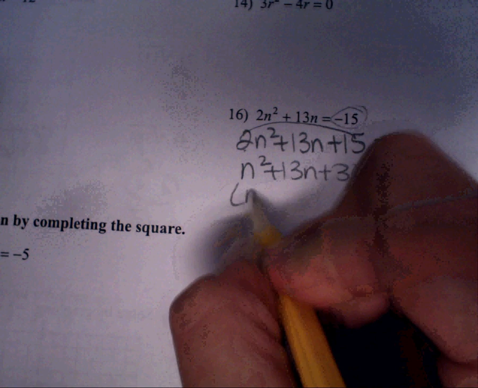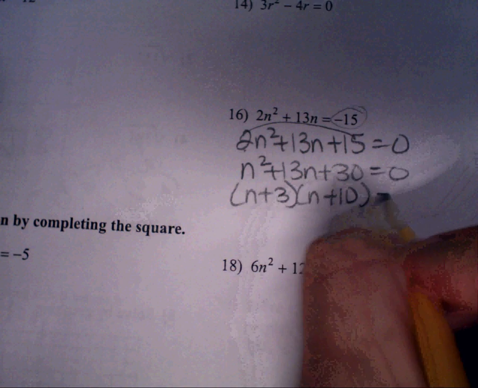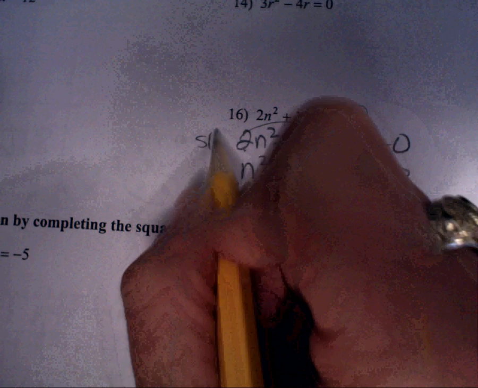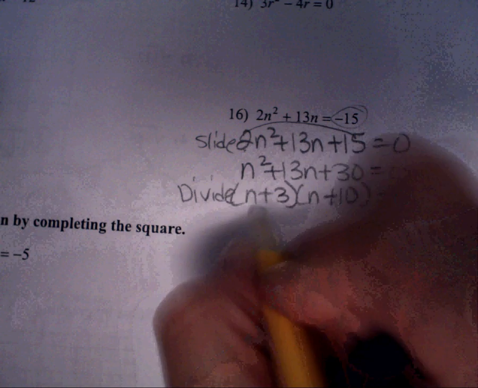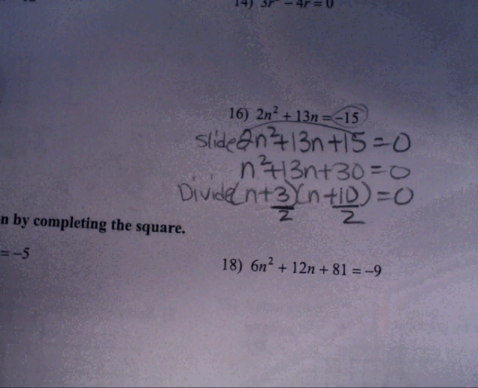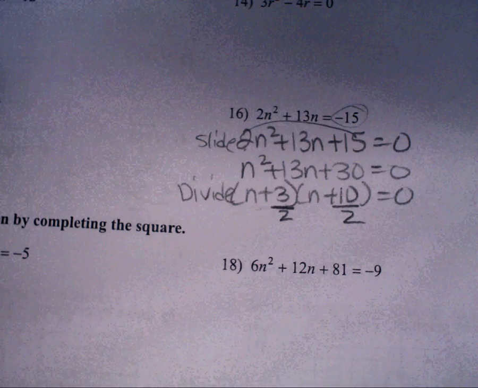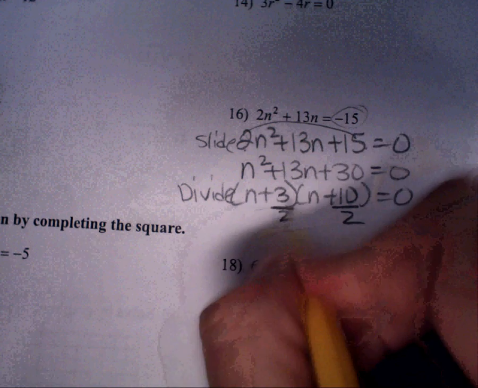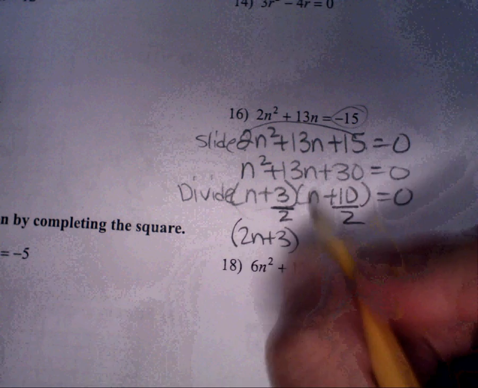Then factor this. But the thing is, we generally forget on the slide, we forget the divide. And we divide by that number that got slid back. So this can't be simplified, so it's 2n plus 3.